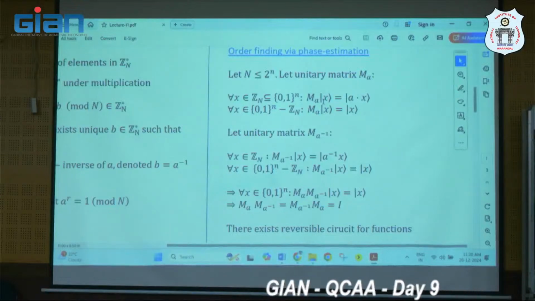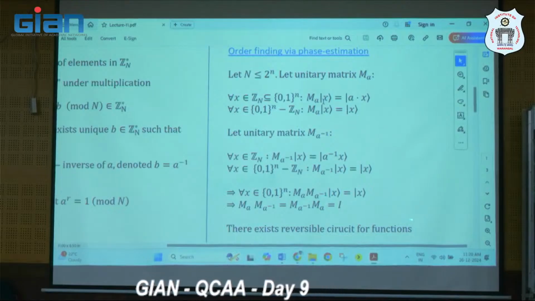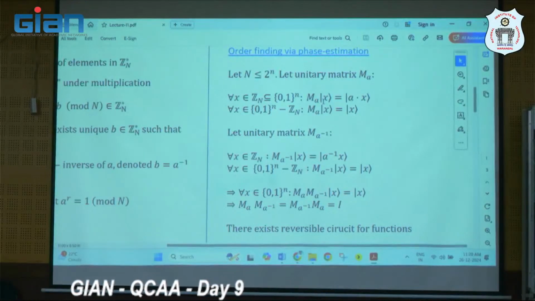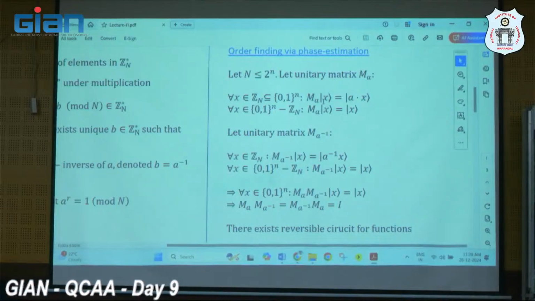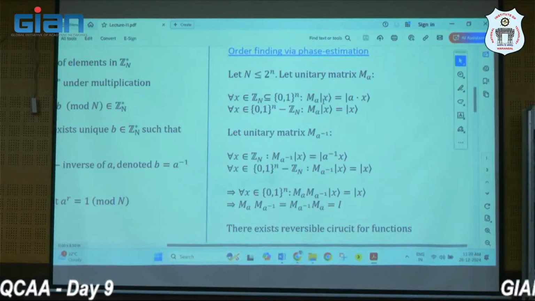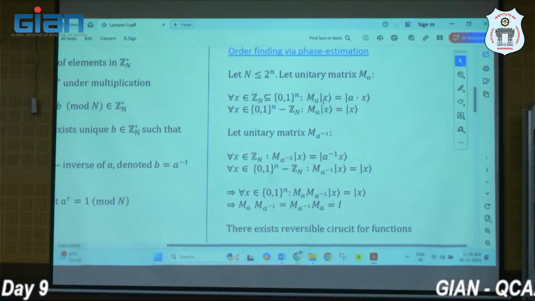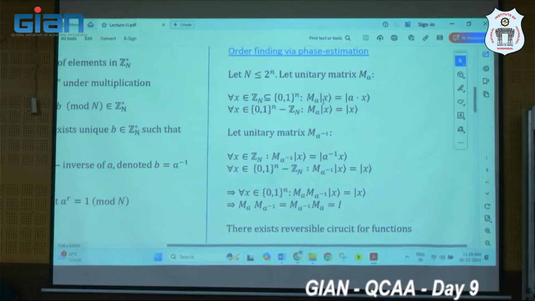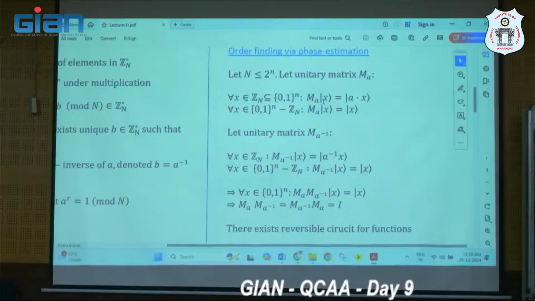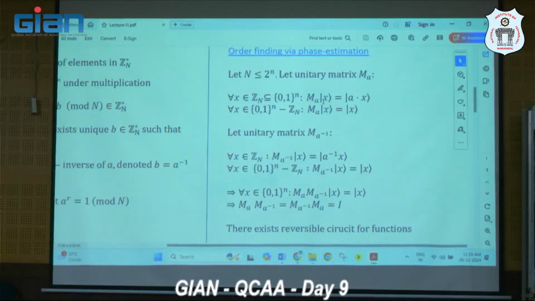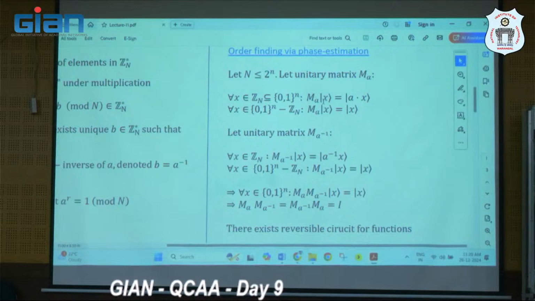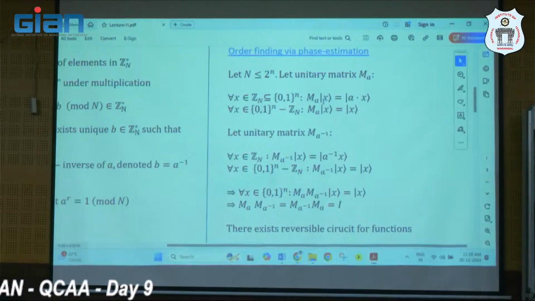I multiply by A, then I multiply by A inverse. What do I get? The same element back, no? So therefore this is the identity. Correct? So this MA inverse is actually the inverse of MA. Any questions?